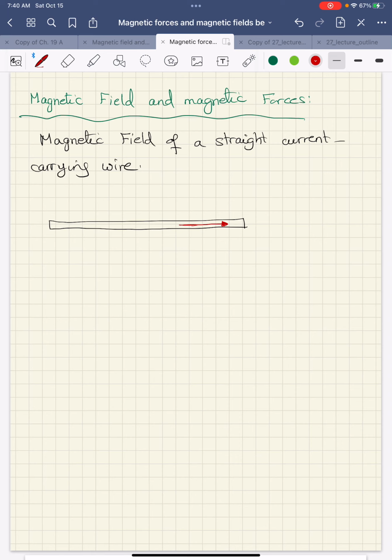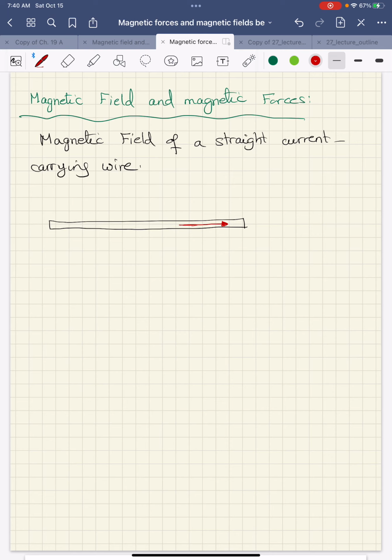Now I will say here, again, we are going to use the right hand rule, and you are going to point your thumb in the direction of the current, and the rest of the fingers are going to be representing the magnetic field.